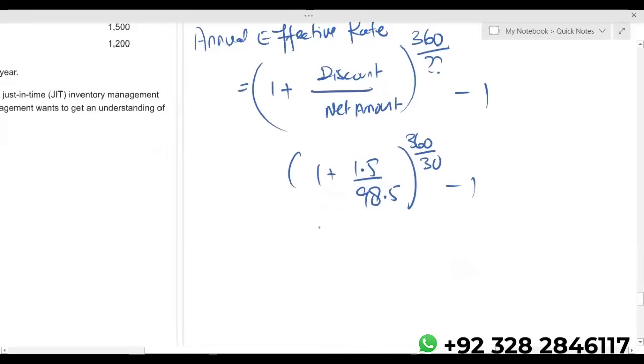Within the bracket, I'm getting 1.015228426. Okay. Logically, 360 divided by 30 gives you 12, minus 1. So 1.015228426 power 12 minus 1, into 100.